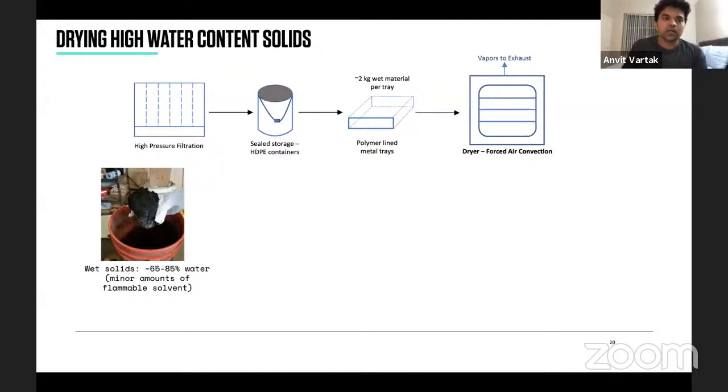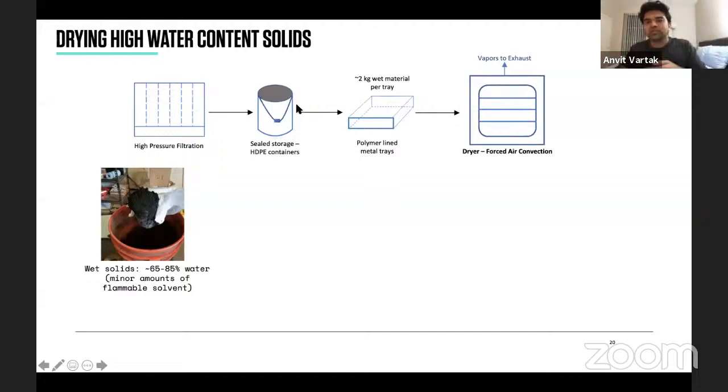So as I showed you this first picture, we know that we have to get to a dry product. So the first step is knowing how much water is in there or how much other solvents are there in your compound. So after understanding that, you dry that material. You first let it through a high pressure filtration system so you can extract as much water as you want, and then store it in buckets.